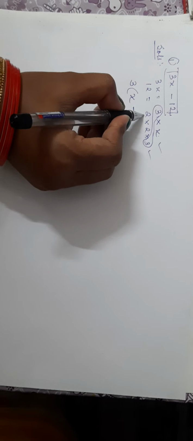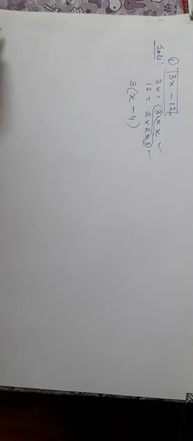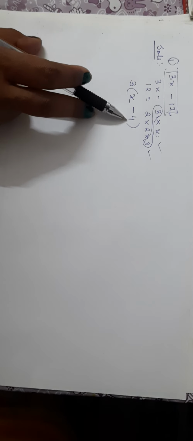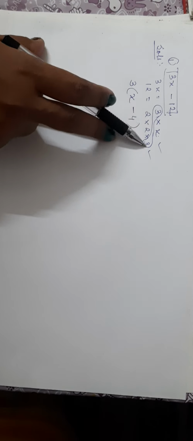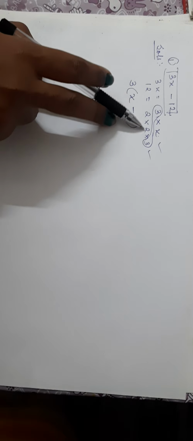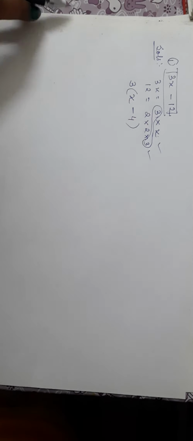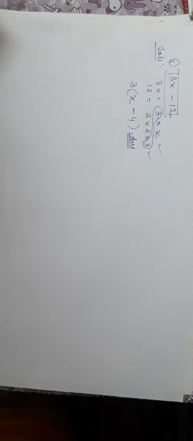And again, what is remaining? 2 into 2 is 4. So the answer for 3x minus 12 is 3 into (x minus 4). Why? Because we have taken out 3 as the common factor, x is left, and from here 2 into 2 is minus 4. So this is the answer for the first question.